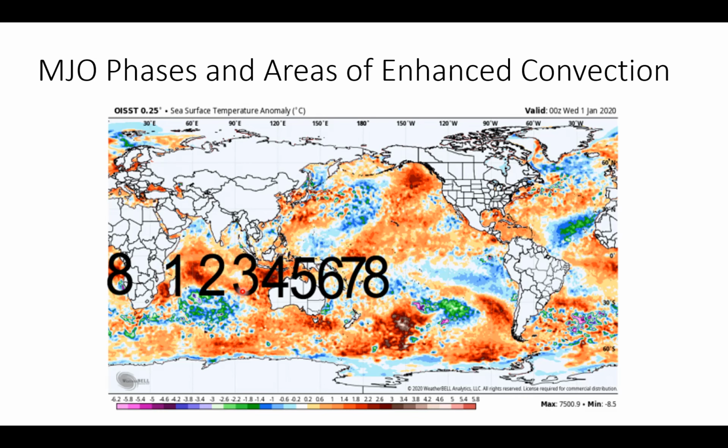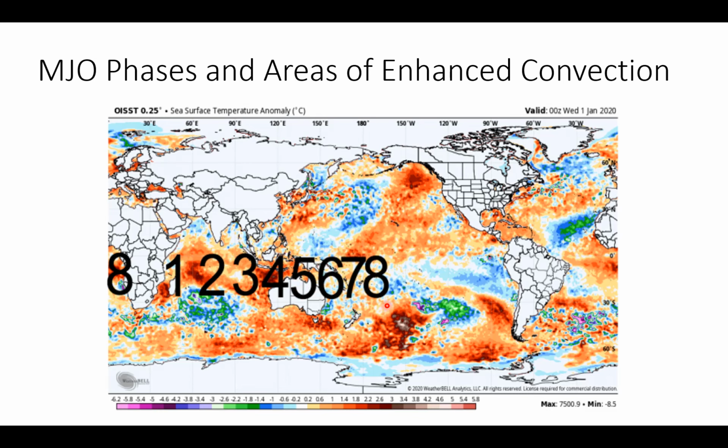Phases 2 and 3 are associated with convection and rising vertical air motion in the Indian Ocean, and phases 4 and 5 are associated with rising vertical air motion in the maritime continent area and Australia. And then we have phases 6 and 7 in the equatorial western Pacific. Convection out there is favored when we have the MJO in phases 6 and 7.